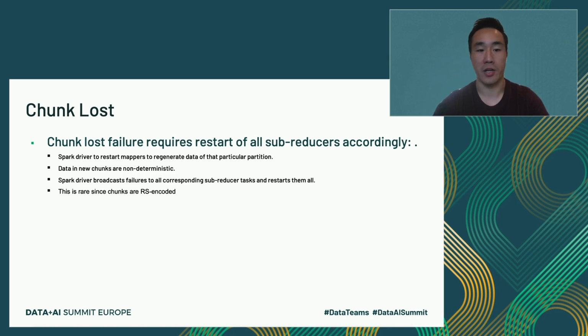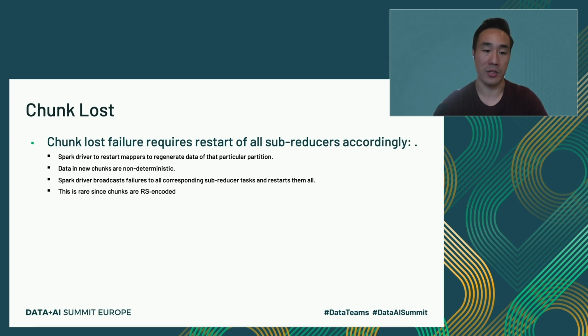What if a file chunk is lost? In original Cosco, since each reducer has to read the entire partition data, the data to be read by the reducer is deterministic. We only need to restart the mapper to regenerate data of the partition for the lost chunk, and the new reducer will be restarted to read all the data of the partition again.